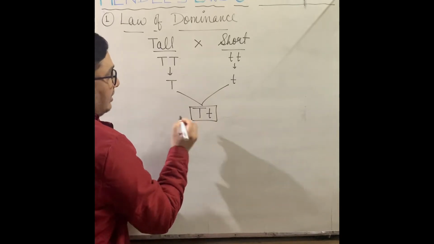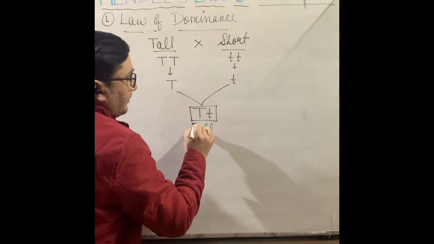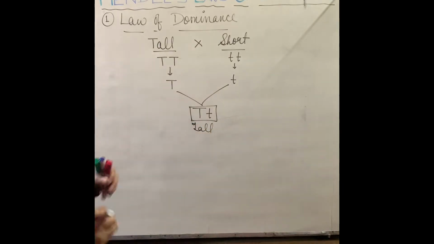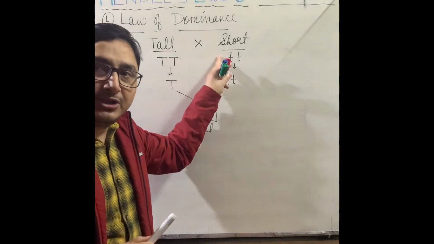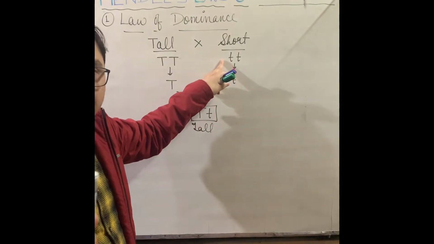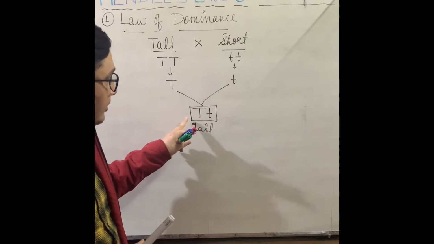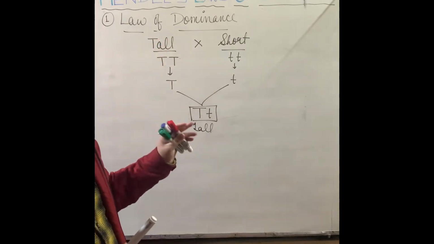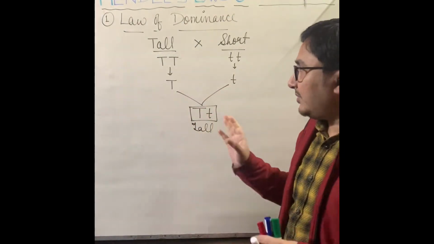Capital T, small t. This means tall plant. So out of the two traits, that is tall and short, in the parent generation, we got only one expressed in F1, and this is the dominant trait. This is called the law of dominance.